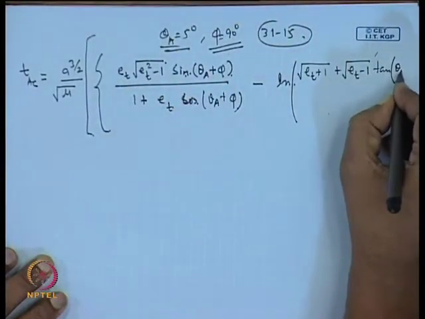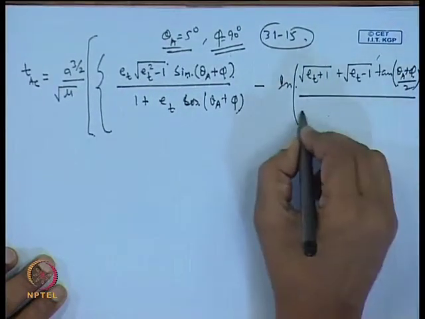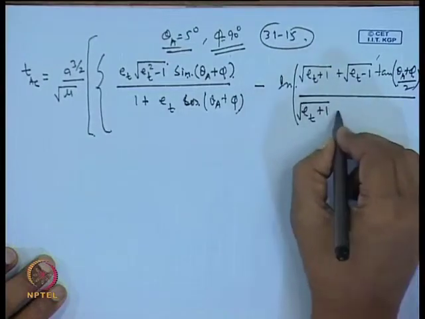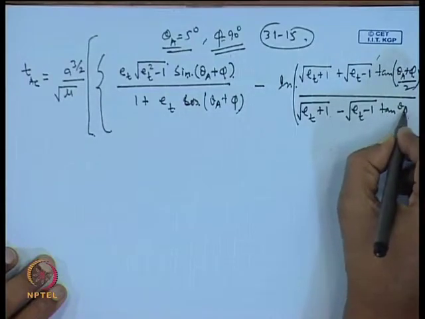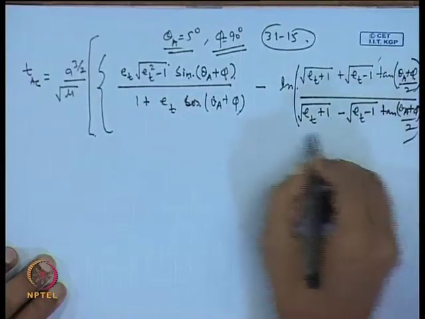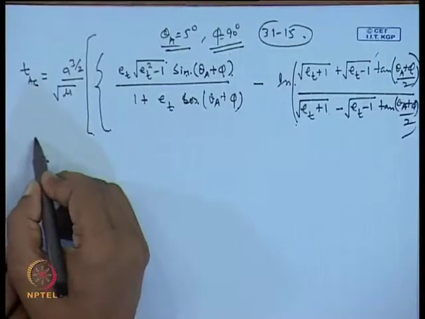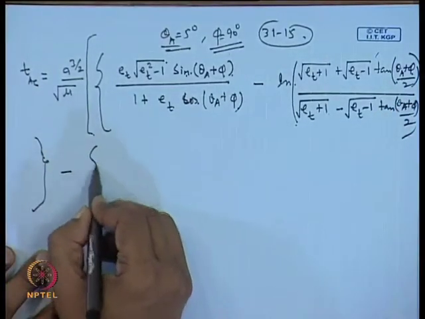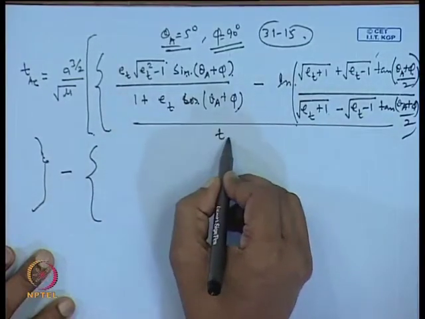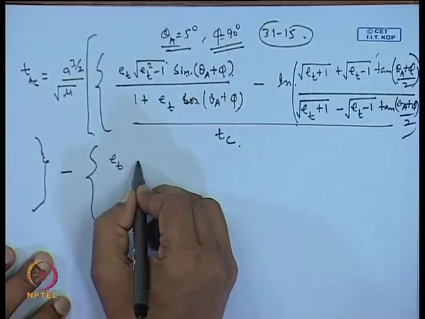So, here you will have theta a plus phi divided by 2, and this is divided by square root of E t plus 1 minus square root of E t minus 1 times tan of theta a plus phi divided by 2. And this has to be closed in another curly bracket. So, we are closing here, and this minus. This quantity is your T c.